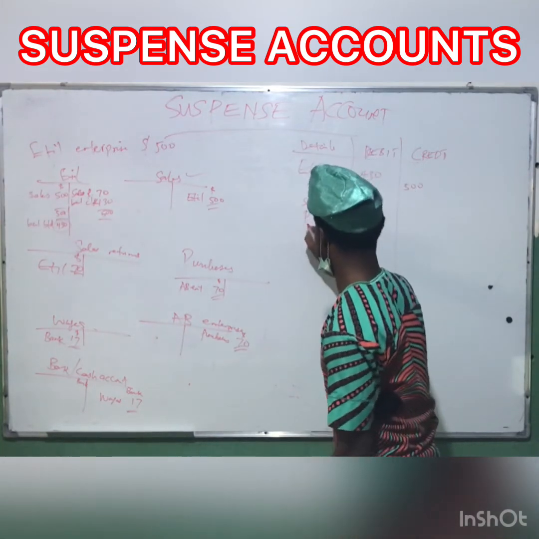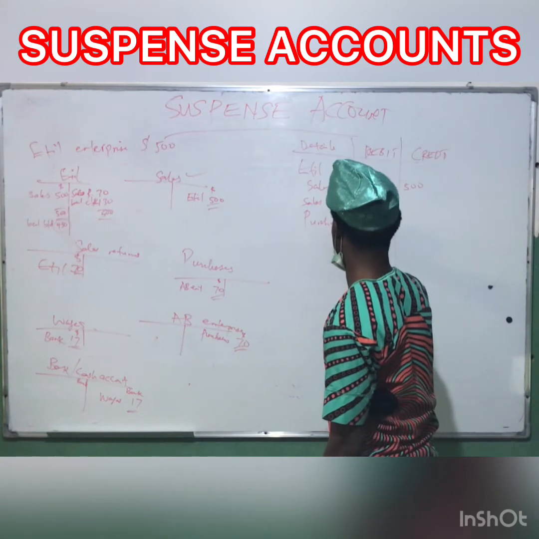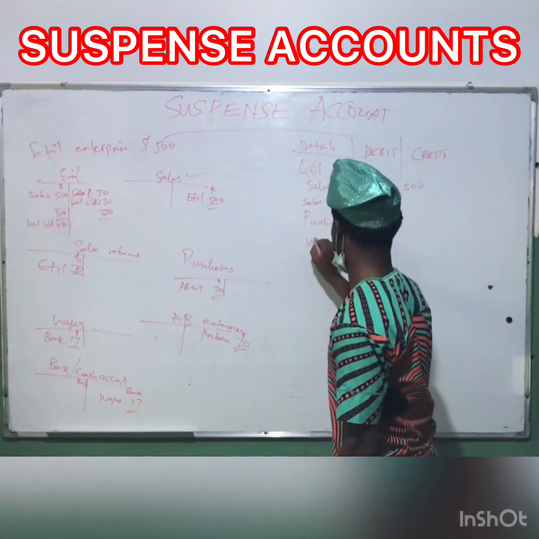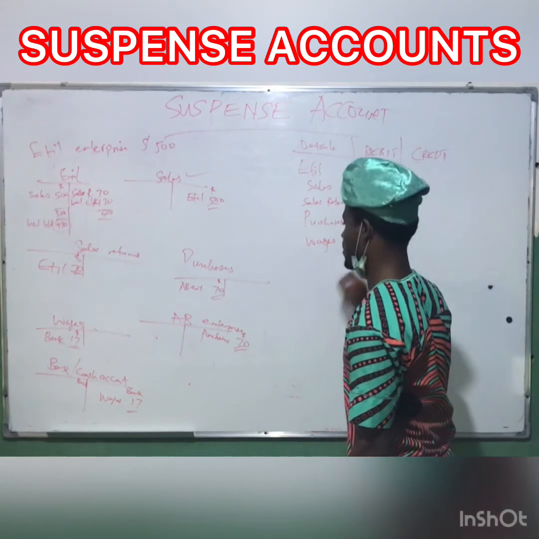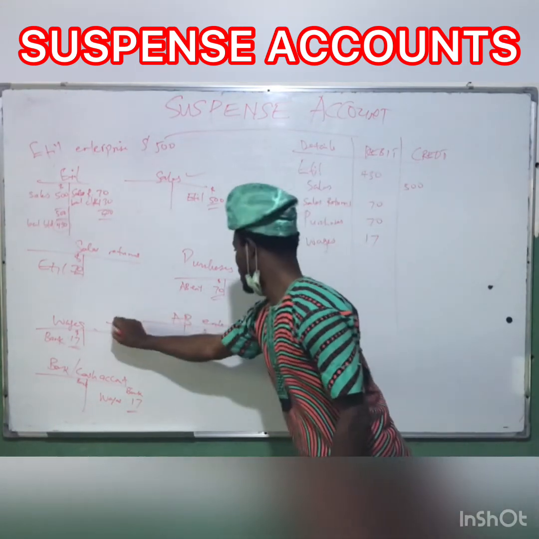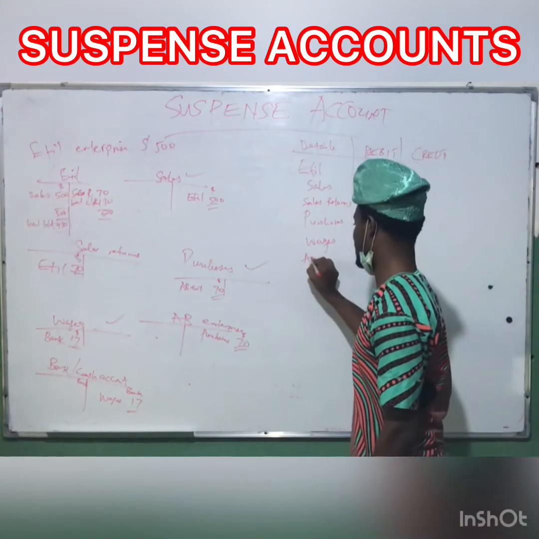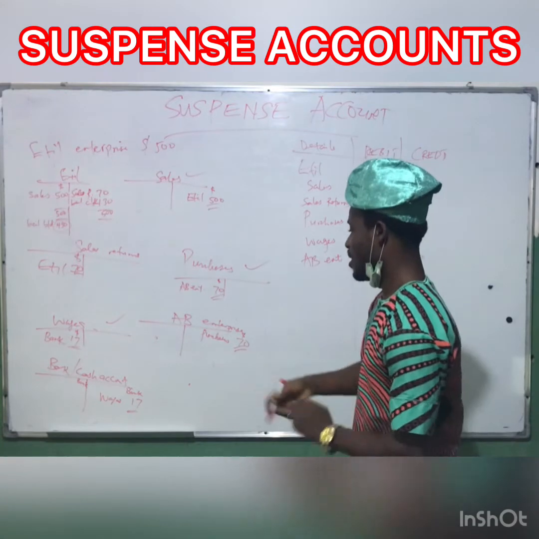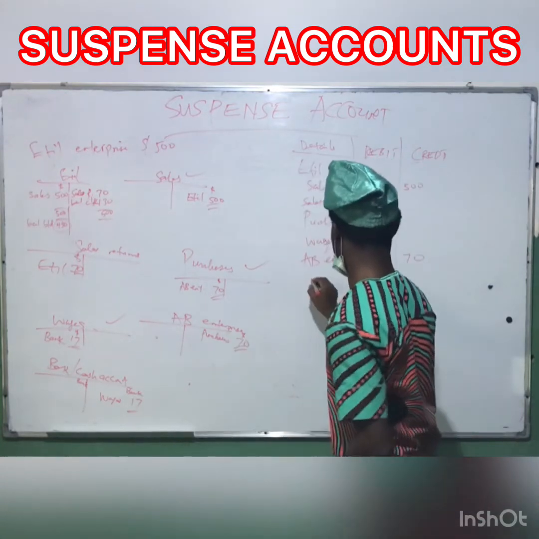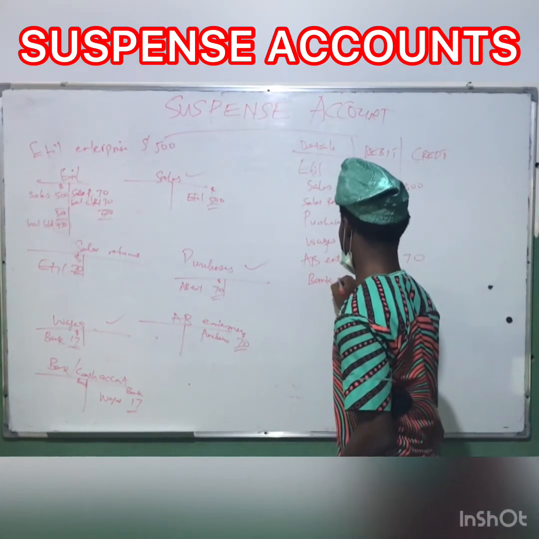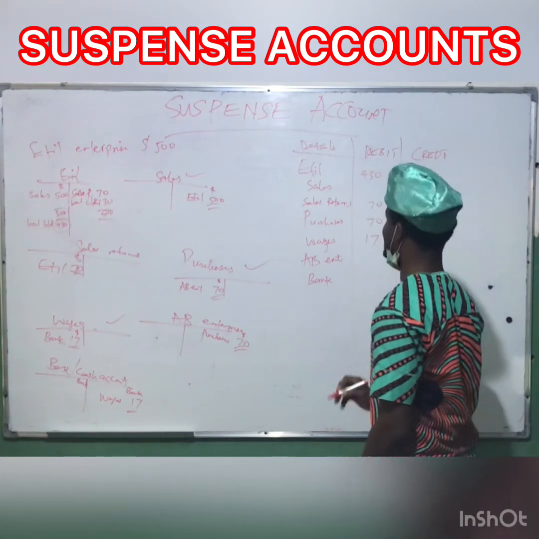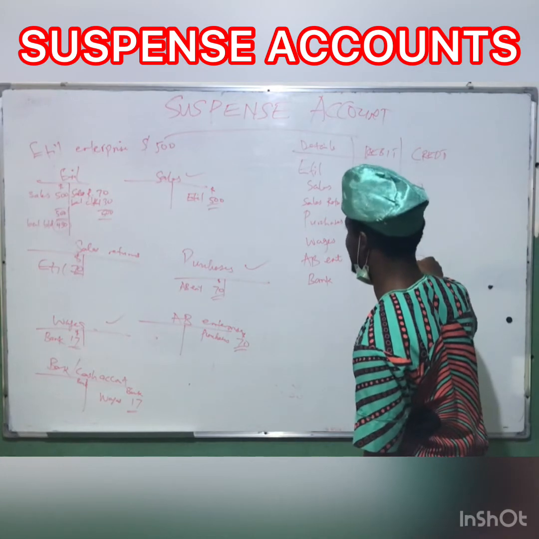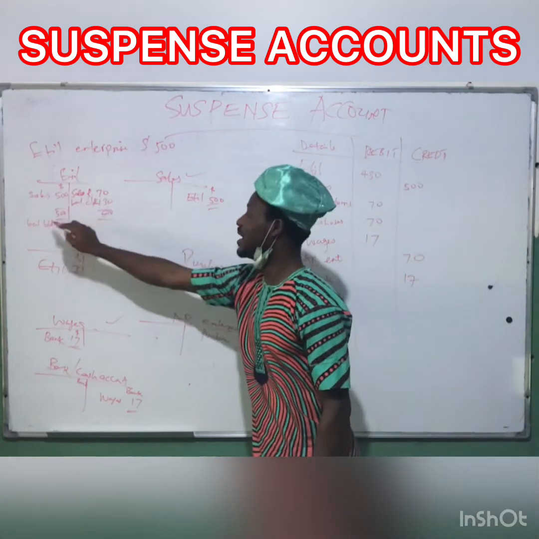Purchases has 70 on the debit side. Wages has 70 on the debit side. AB Enterprise has 70 on the credit side. Bank has 17 on the credit side. That's a bank overdraft, when the bank balance is on the credit side. So we have 1, 2, 3, 4, 5, 6, 7 accounts.